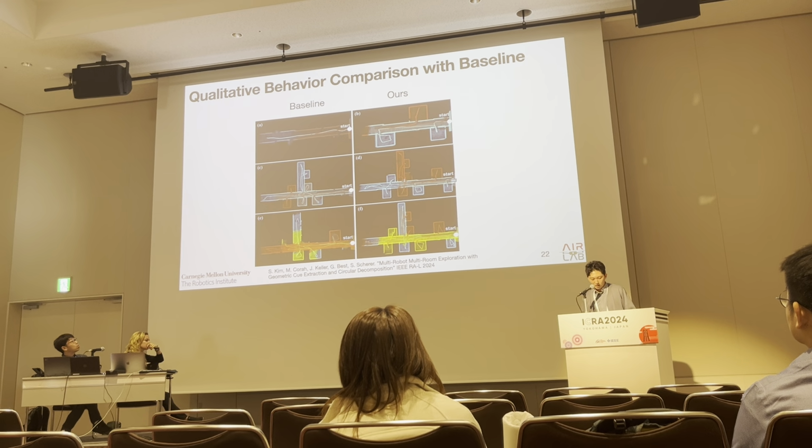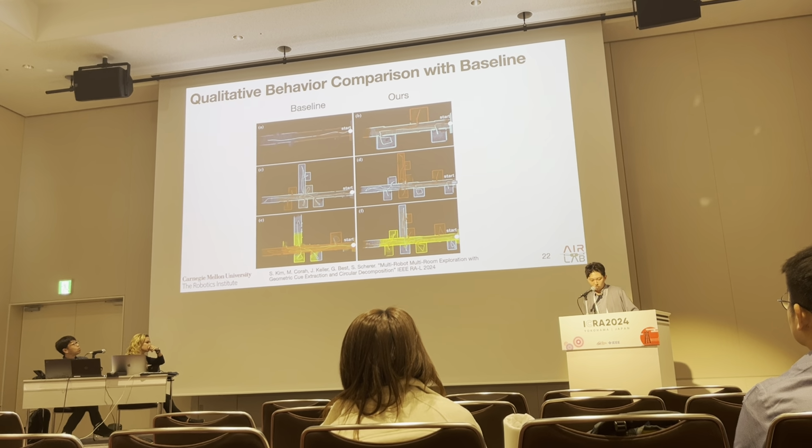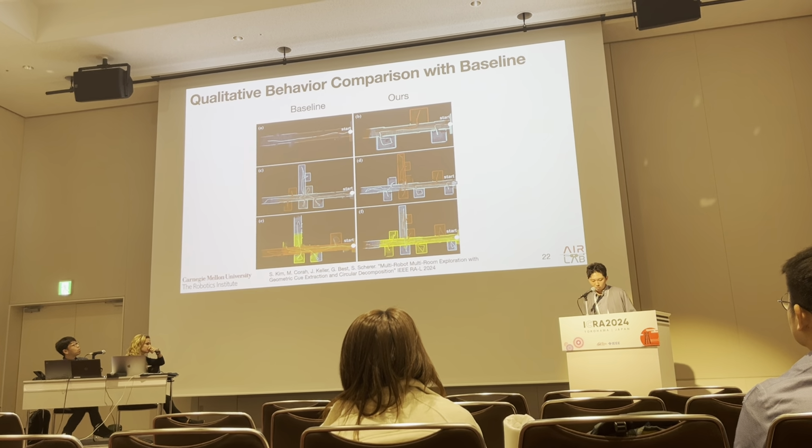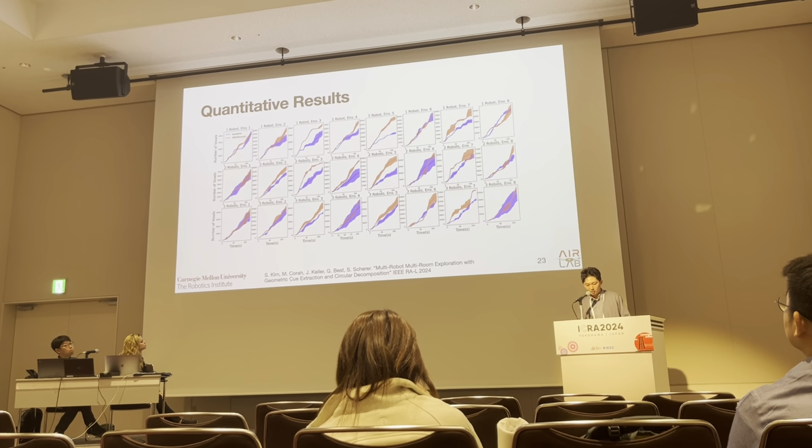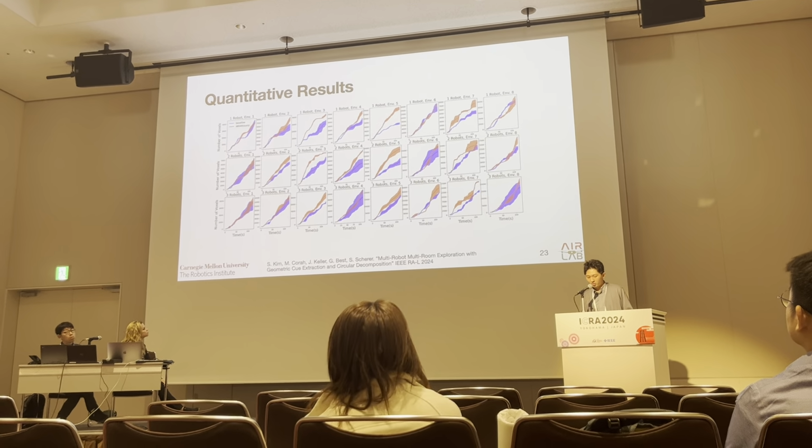In the case of the baseline, it often skips some rooms or multiple robots go to the same rooms together, while with our method, all rooms are reached by the robots, and it also avoids redundant exploration. This is a quantitative result where we measure the number of surface voxels in the rooms for our method and the baseline, and our method performs much better than the baseline.